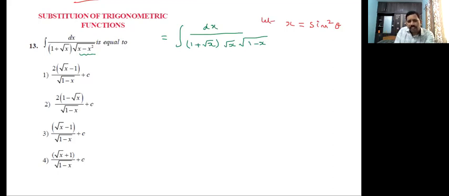Apply the differentiation. Here, the derivative of sine square theta is 2 sine theta cos theta.